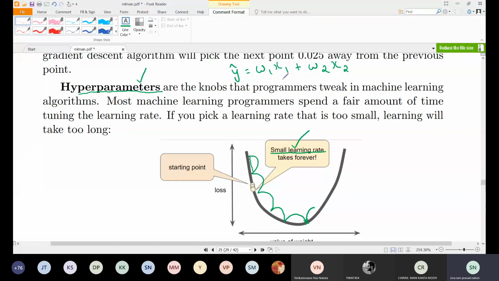So what are the parameters in our case? W1, W2. Then what is the hyperparameter? Learning rate. Directly related ఈ పారామీటర్స్ ఏంటంటే దే ఆర్ డైరెక్ట్లీ రిలేటెడ్ టు యువర్ లెర్నింగ్ మోడల్. ఇండైరెక్ట్లీ రిలేటెడ్ పారామీటర్స్ ఏమైతే ఉంటాయో దే ఆర్ కాల్డ్ హైపర్ పారామీటర్స్.